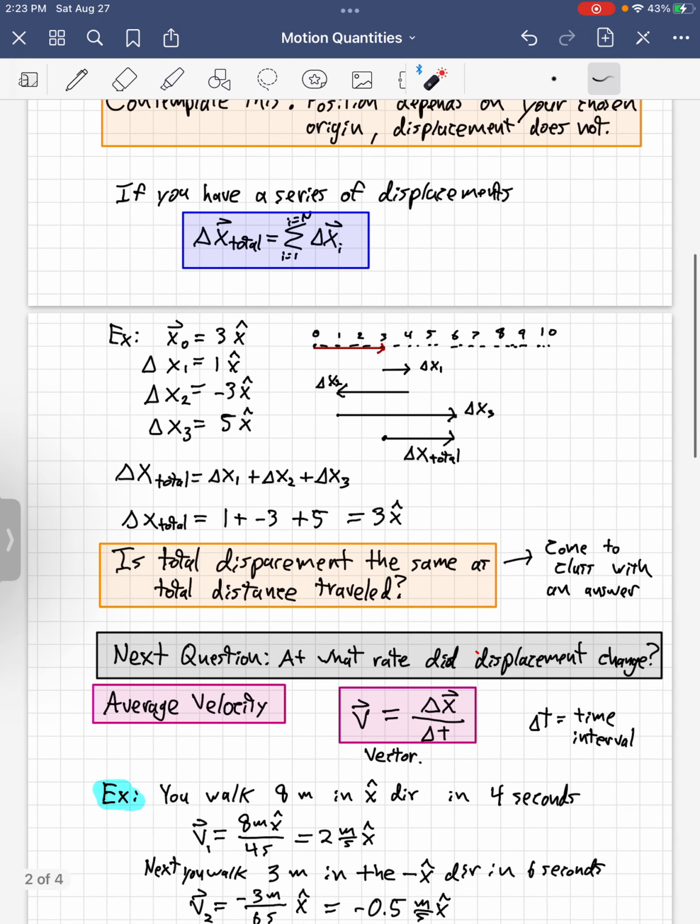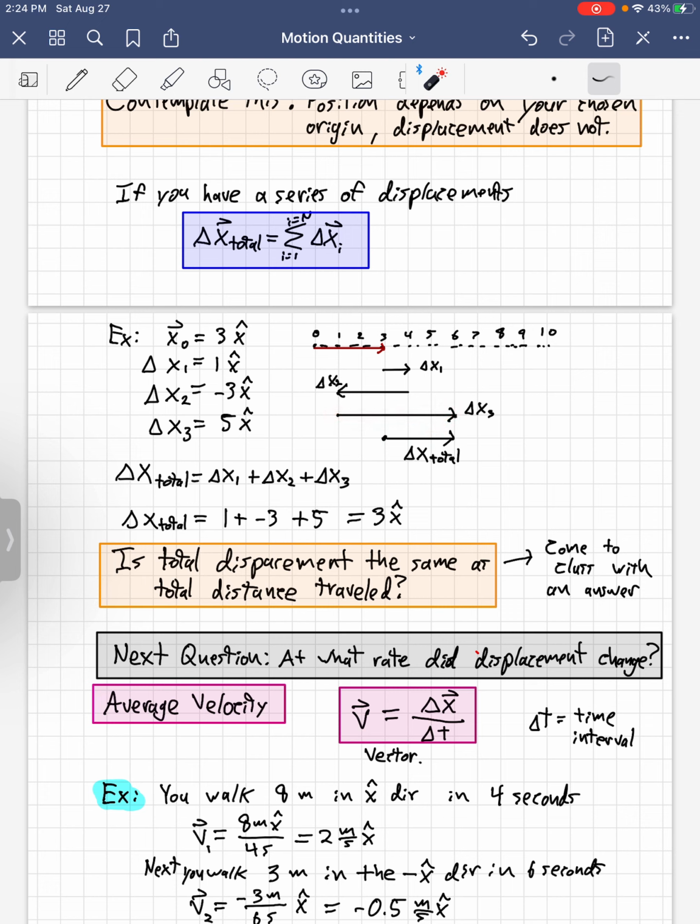All right, so for example, let's say our initial position is at 3 meters to the right of our origin point, and our first displacement is 1 to the right. Our next displacement is moving 3 to the left, -3. And then our third displacement is moving 5 to the right.